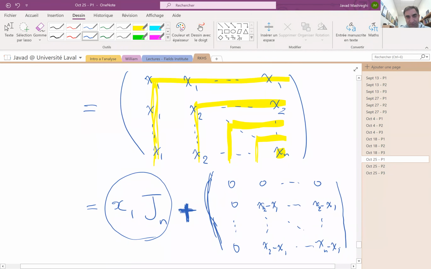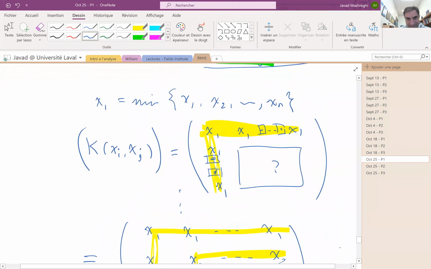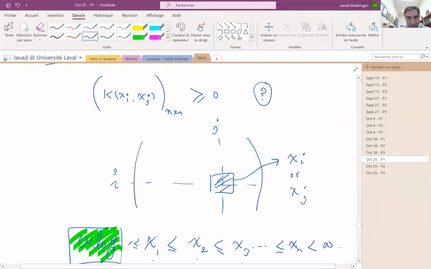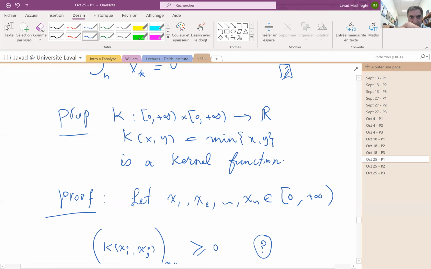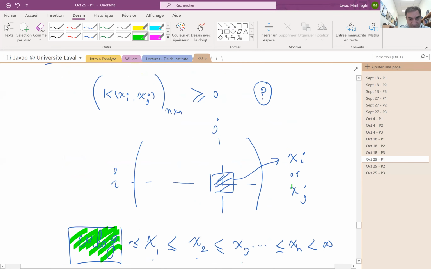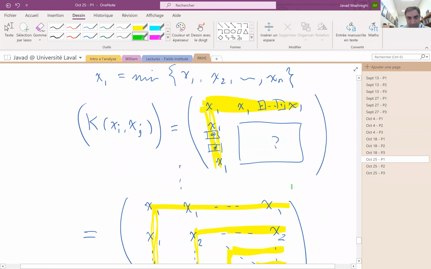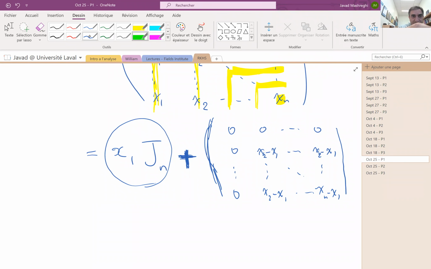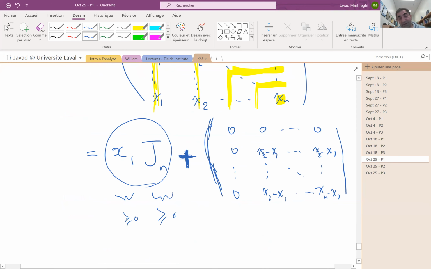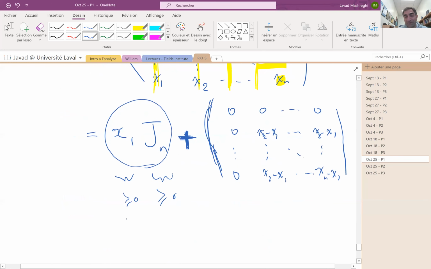And now you see, up to here it wasn't that clear why I consider 0 up to infinity. Why just positive ones? It's more transparent here now. Jn is positive. We multiply by a positive coefficient. So the whole thing is positive. This one is also positive by induction. I mean, we start with n equal to 1.